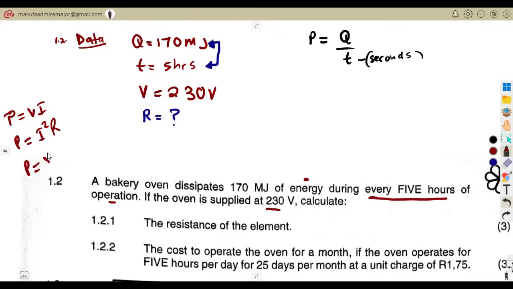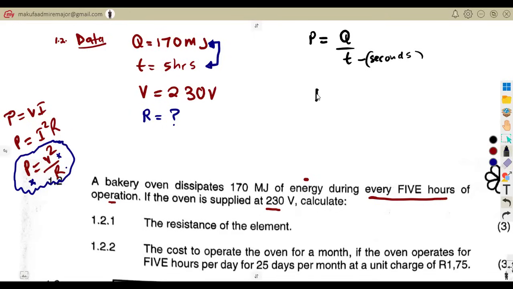Also, power is equal to V squared over R. So guys, the last formula will be the best one because you just need power and voltage, which is already there, in order to find resistance. Using the first formula, you have to calculate the current, and then use V equals IR. You must use a lot of stages if you use that, but with this one, you just need the power.